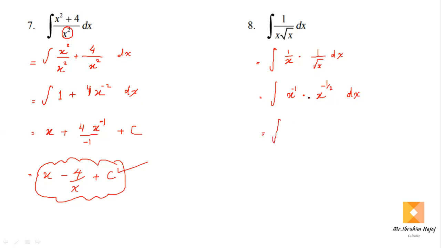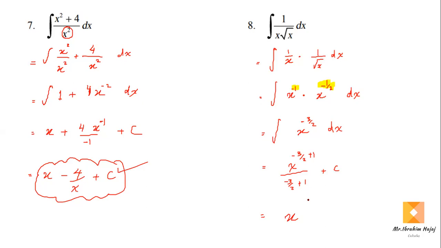Now, we can write it as a single x by adding exponents. So it will be negative 3 over 2, by adding the exponents negative 1 and negative half. Then the integral of x to the negative 3 over 2 dx: add 1 to the exponent and divide by the new exponent.